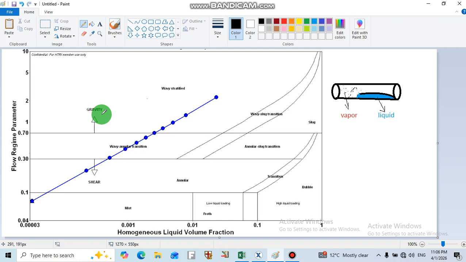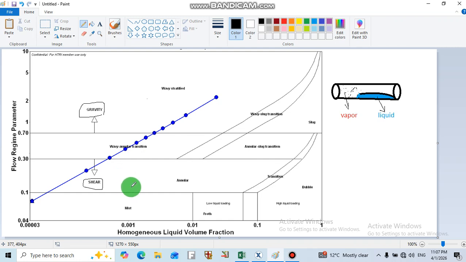As you can see, HTRI uses this diagram. At the upper part of this diagram, we have the gravity flow regime, and at the lower part, we have the shear flow regime, which is the preferable flow regime that we want to make sure the fluid passes through.